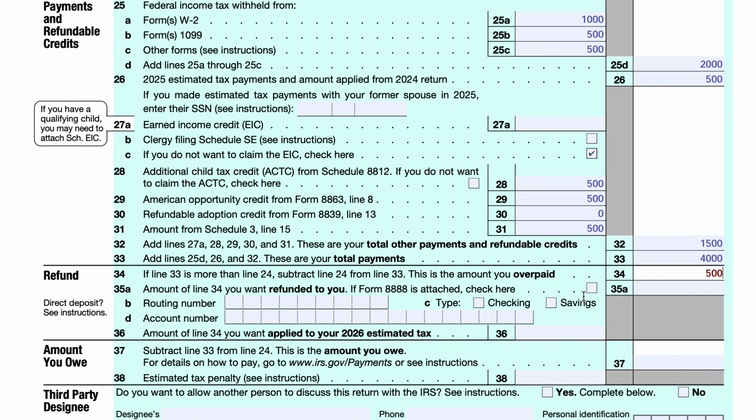So if you have multiple accounts that you want your money to go to, there is a form for that. It's called IRS Form 8888, and that allows you to split your tax refund into, I believe, 4 different accounts. So you can do that if you'd like. It's pretty straightforward.